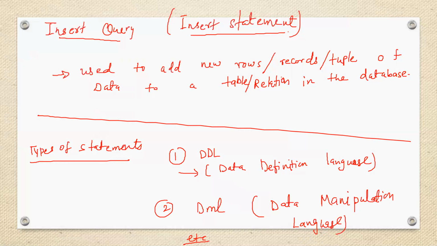Noted? Yes. Okay. DDL means data definition language. Examples are the create table statement. We'll see more examples in future, but you need to understand that data definition language is used to define the data on a database. On the other hand, DML is used to manipulate the data which is already present on a database. So this insert statement is an example of DML. Okay.